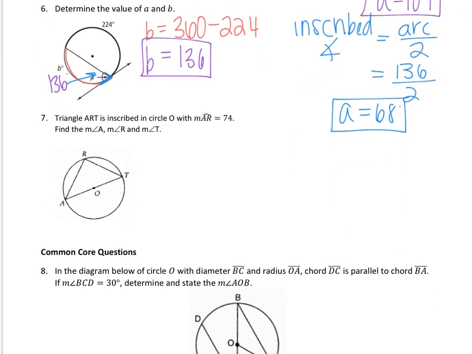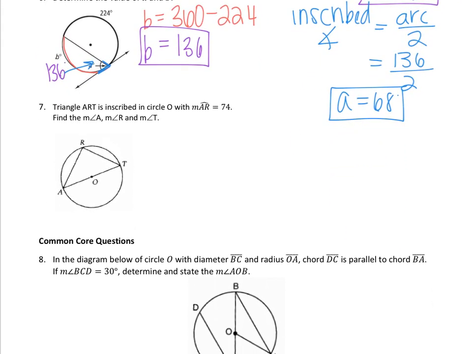One more basic question before we move into those Common Core questions. It says that triangle ART is inscribed in circle O, with the measure of arc AR to be 74 degrees. Find the measure of A, R, and T. So if I take a look at this arc of 74 degrees and I follow the sidelines back to an angle, that gives me angle T. And if I want to go inside to find angle T, where T is located on the edge, we need to take 74 and divide it by 2.